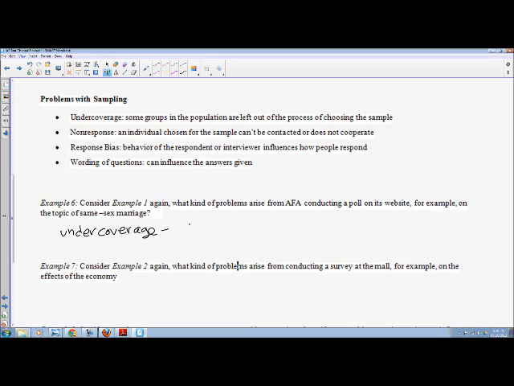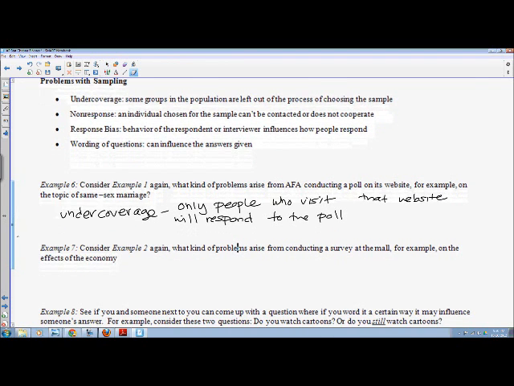So you're leaving the other people out, other people who may have different opinions. So only people who visit that website will respond to the poll, not just the general population.